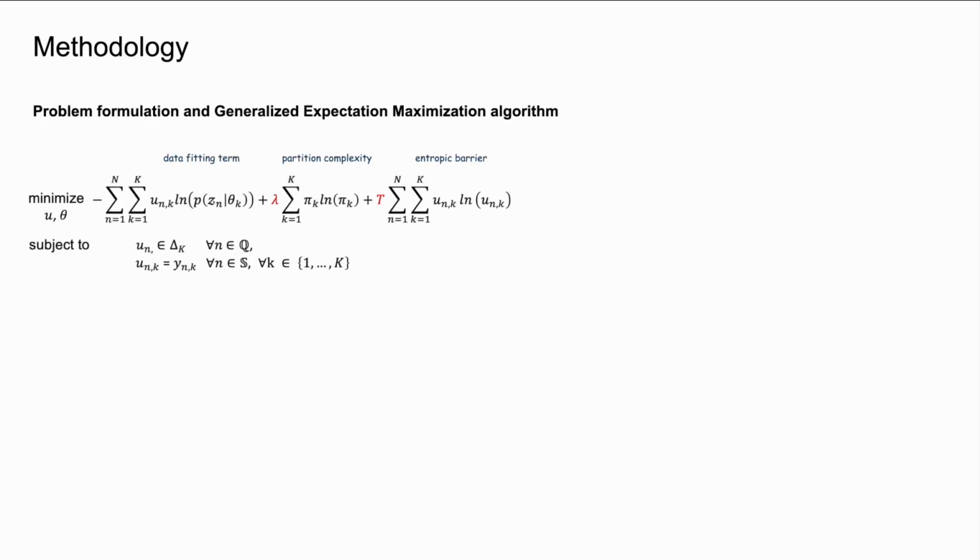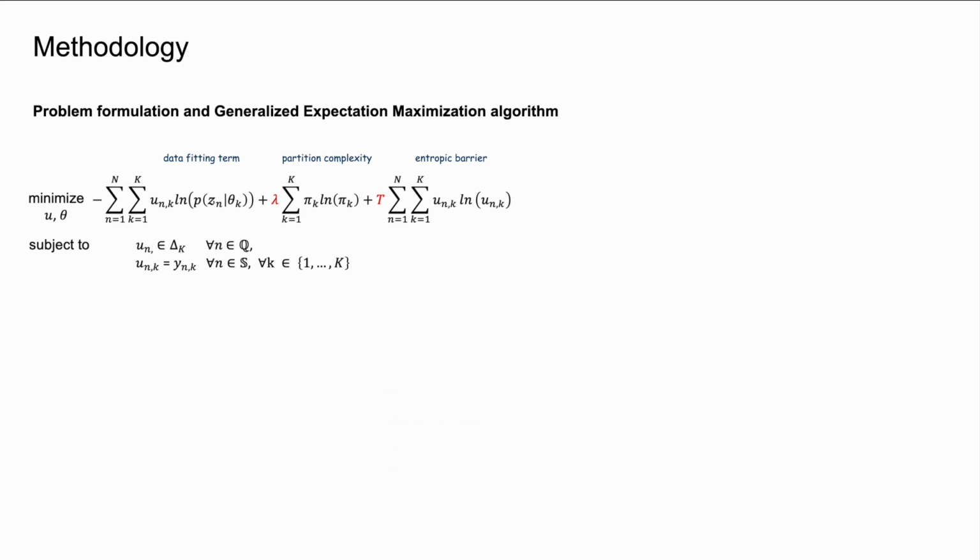So the goal of our problem is to identify the classes of unlabeled samples in the query set with the supervision constraint from the support set. We do so by optimizing an objective function over the set of soft assignment vectors u_n and feature distribution parameters theta_k for all the classes. We derive a minimization problem that contains a data fitting term, a partition complexity term, and an entropic barrier.